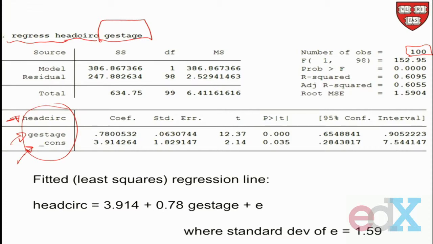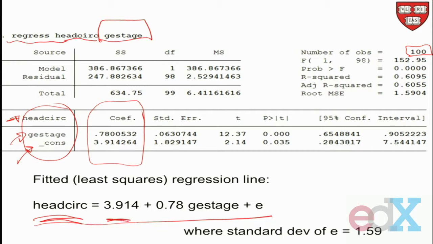Here are the coefficients of the least squares line. The least squares line is that head circumference is 3.914, that's the constant, plus 0.78, that's this one, times gestational age, plus some error term. And that's the residual. So there is the least squares line.